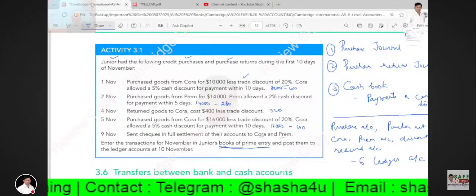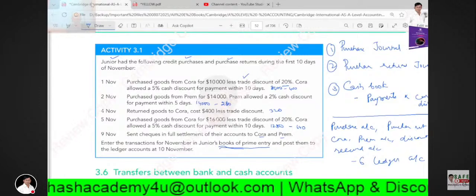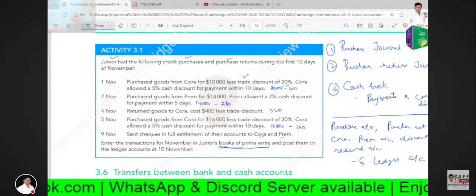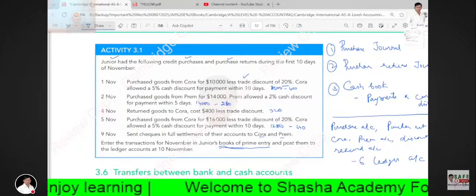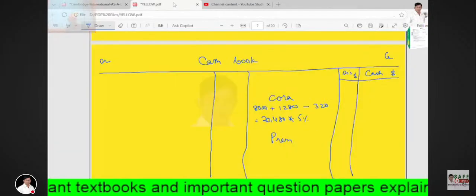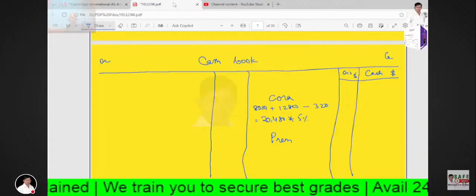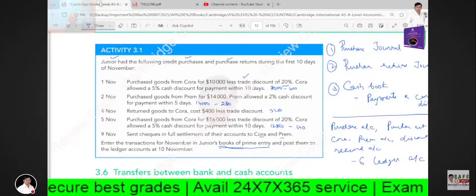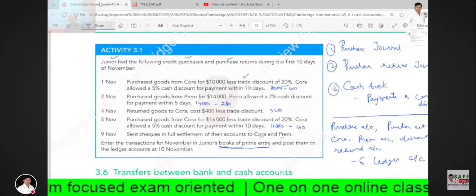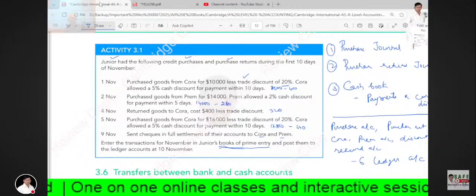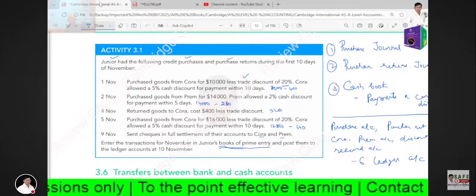The cash discount is on the net purchases. 8,000 is the first purchase. Then the second purchase is 12,800 and there is a return of 320.